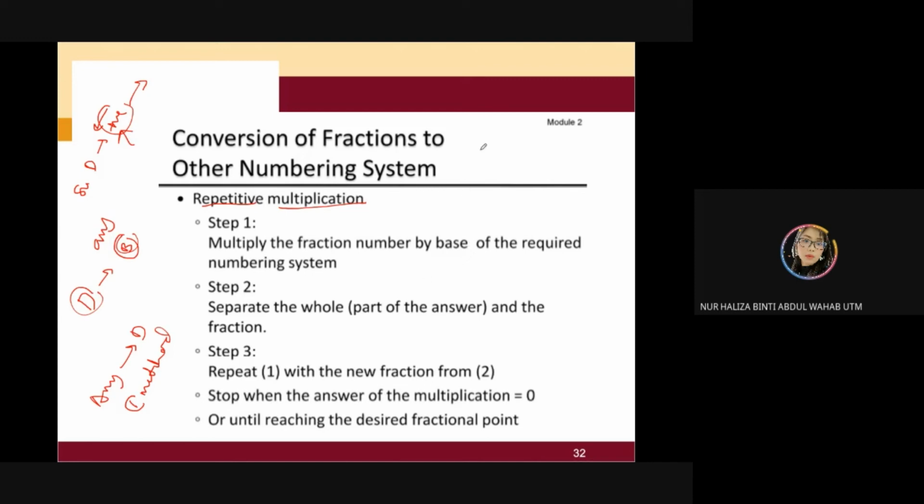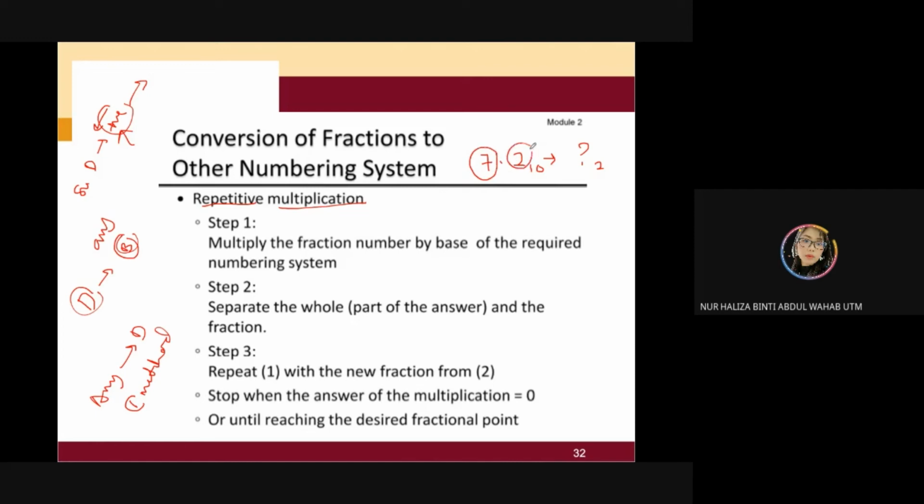Let's say you have this kind of number, I give you an example: 7.2 decimal. You want to convert to, let's say, binary. What is the value? So you need to do two steps. First, for this part you're going to use successive division, right?